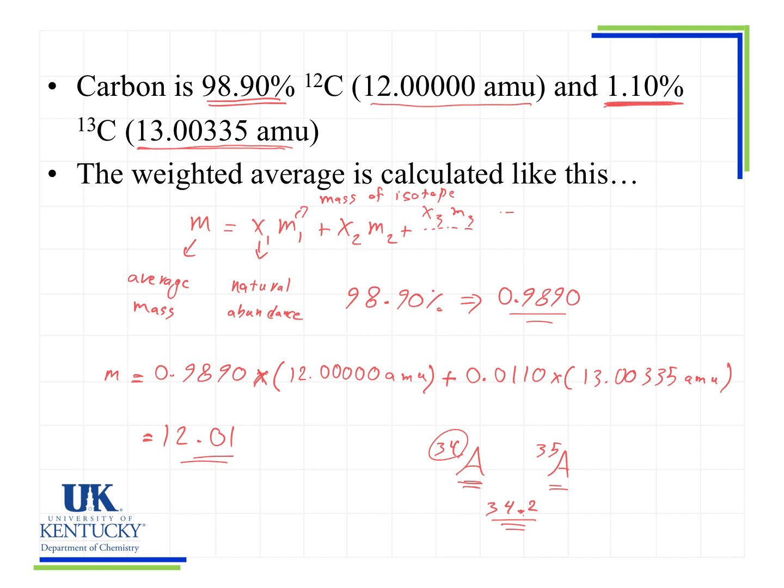Therefore, this is isotope 1, and this one is isotope 2. It's closer to isotope 1, so we have a higher natural abundance of the first isotope.